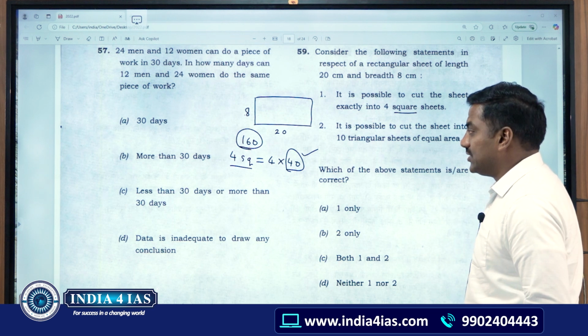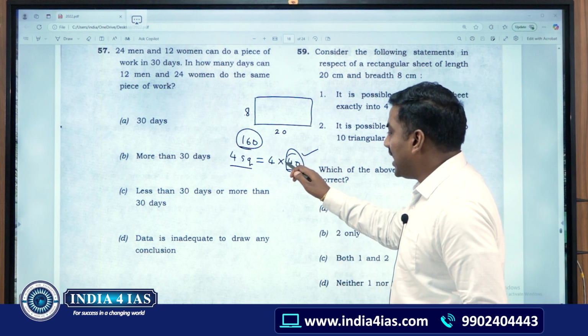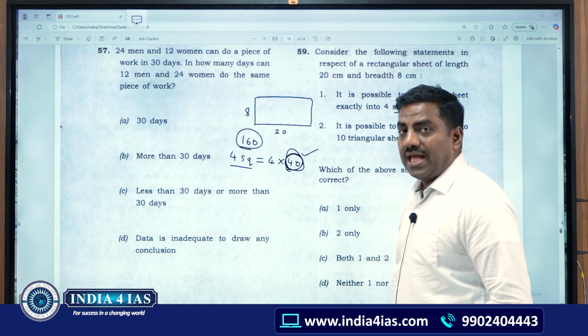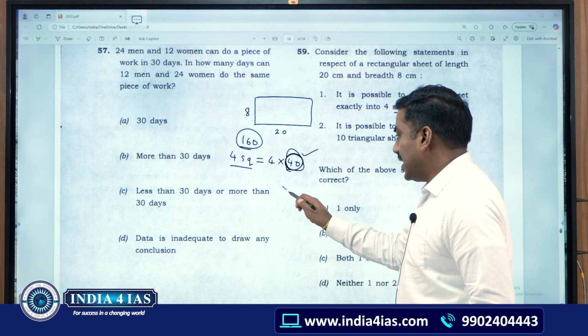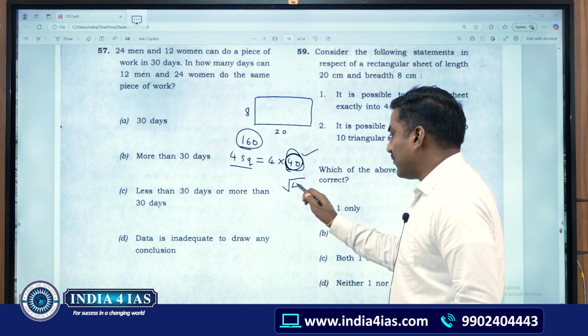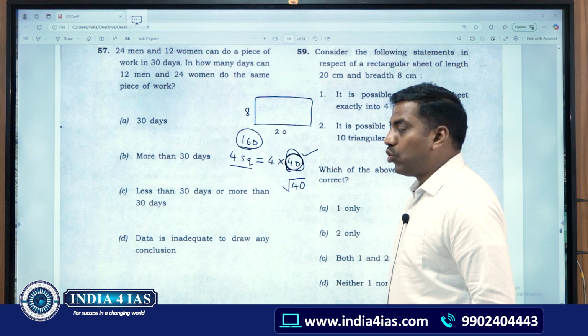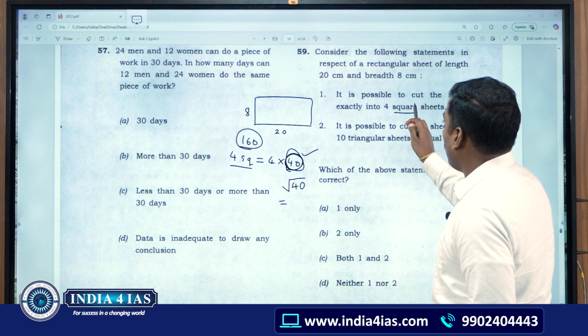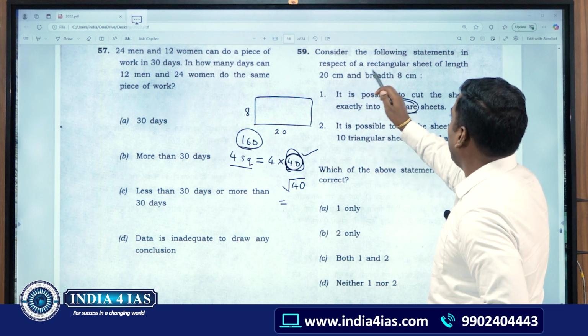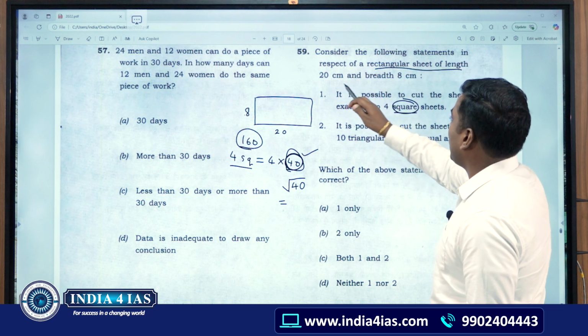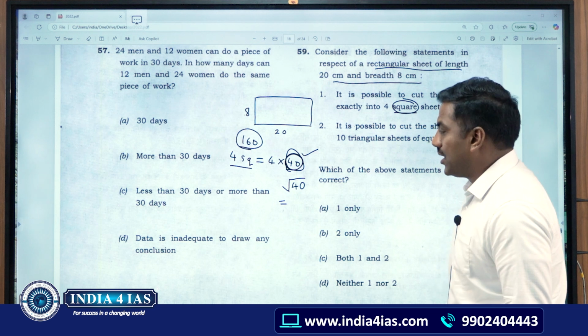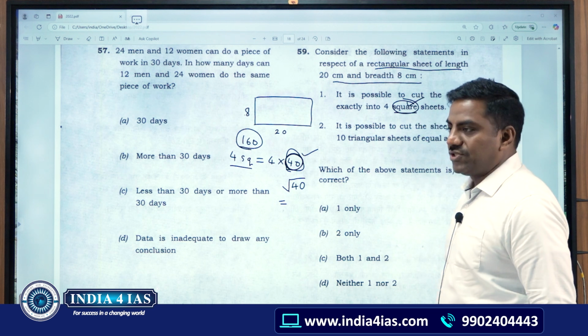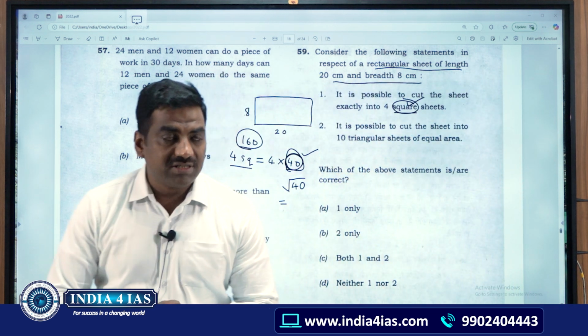When I take 40 as the square area, I have to take the square root of this, that is root of 40, as a single side, because I need 4 square sheets in the rectangular sheet of 20 centimeter into 8 centimeter. So this is the challenge.